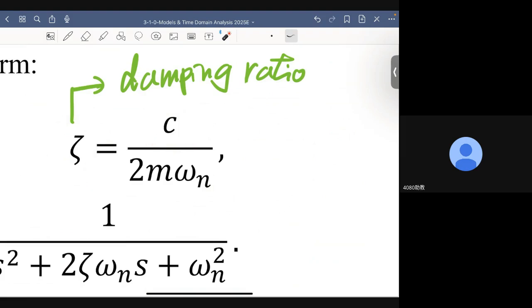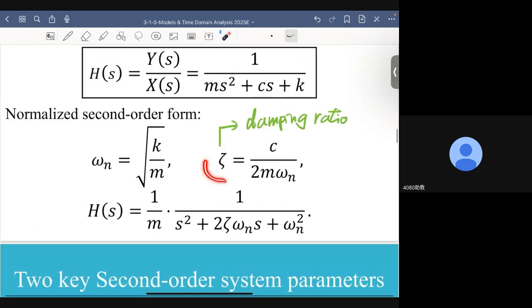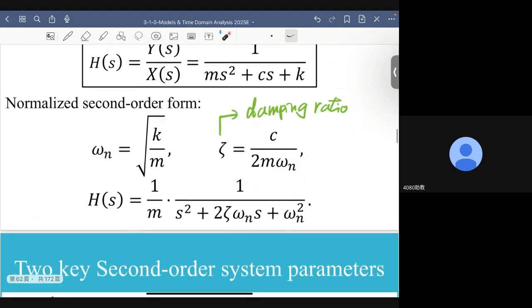That makes sense, because if C is larger, of course, the damping effect of the system should be more intense. But why is the damping ratio inversely proportional to M and omega N?